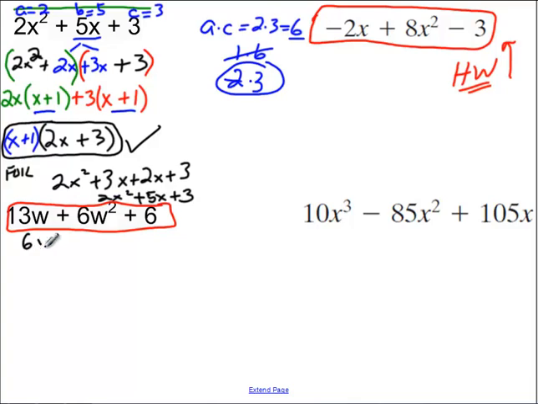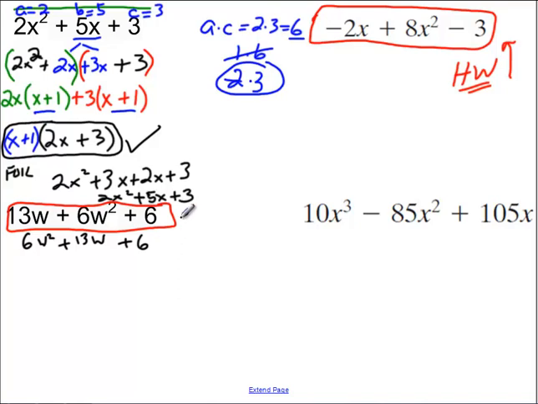So we need to put 6w squared plus 13w plus 6 as our rewritten product. So that's step number 1. Also, step number 1 is factor out a greatest common factor. There's no greatest common factor here. Step number 1 also includes factoring out a -1 if the a term is negative, but it's not.